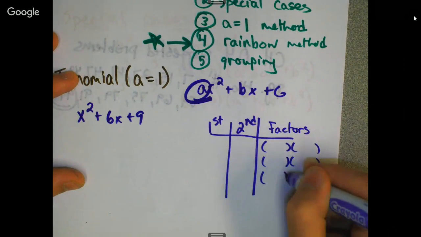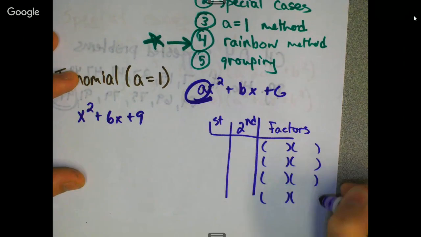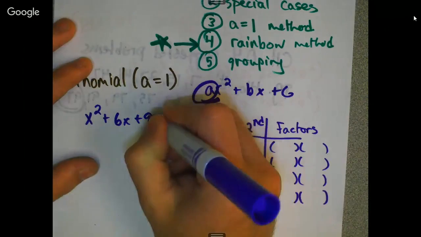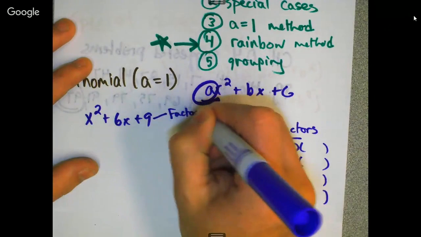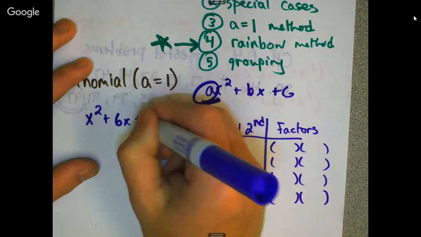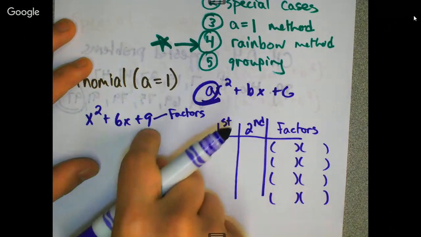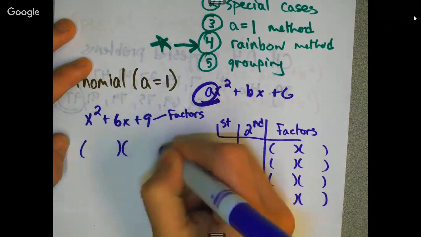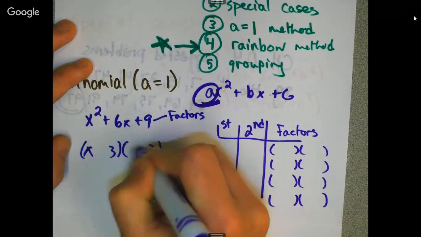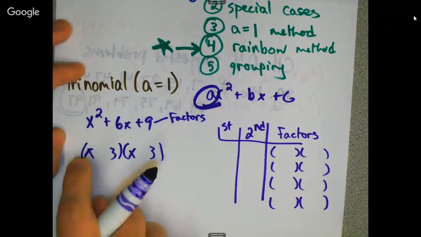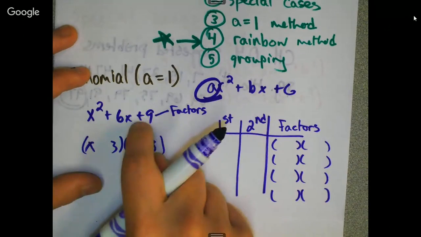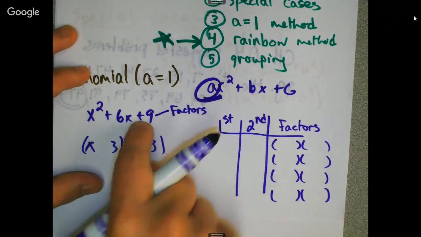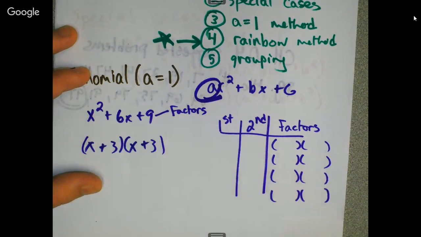This is how I want you to go through factoring when a is 1. We look at this and say what factors of 9 will add, we read the signs backwards, so what factors of 9 will add to give you 6? In that case, it's 3 and 3. Your x's will always be here since there's no number there, so it's x to x. Then you say your signs are the same and they're both positive, and those are your factors.